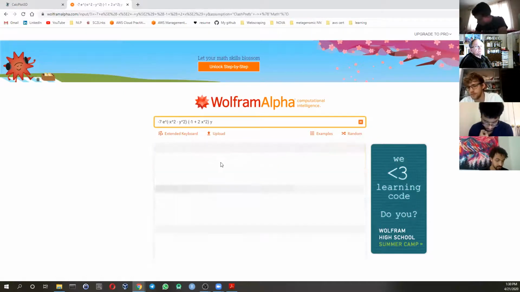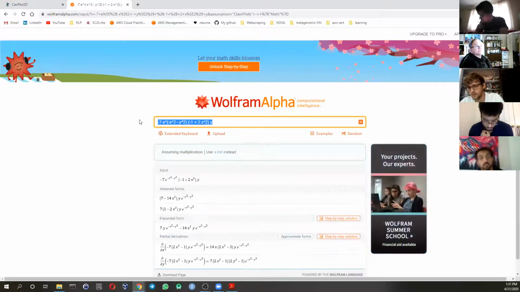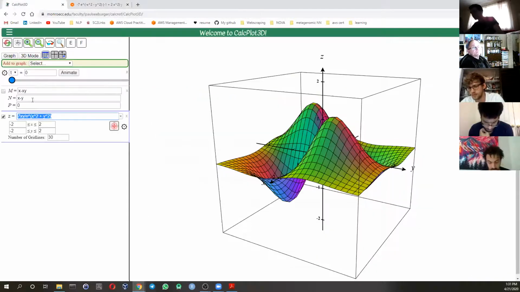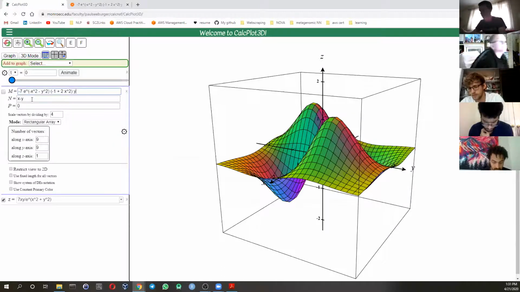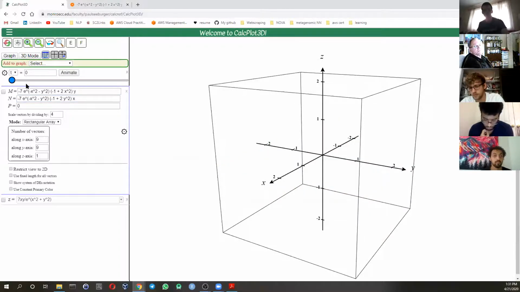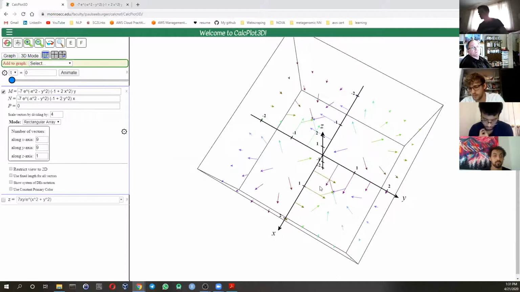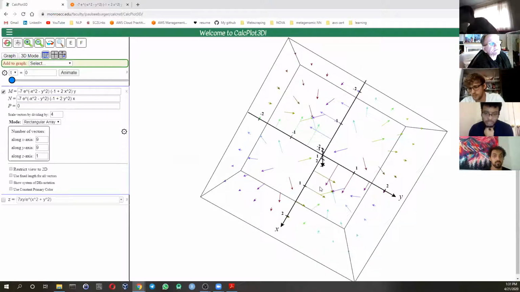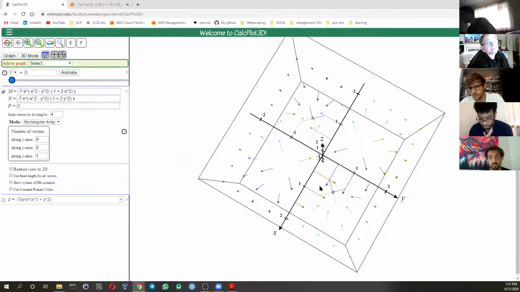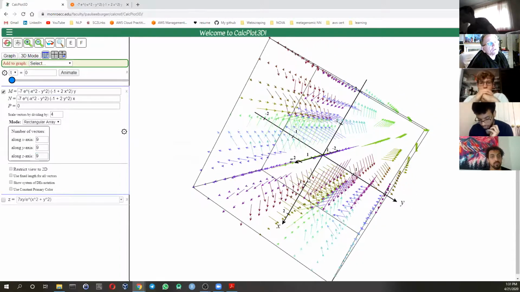This is in the x direction. This is in the y direction. And the z direction is 0 because there is no z here, right? So this is my gradient field, right? Looks like this.